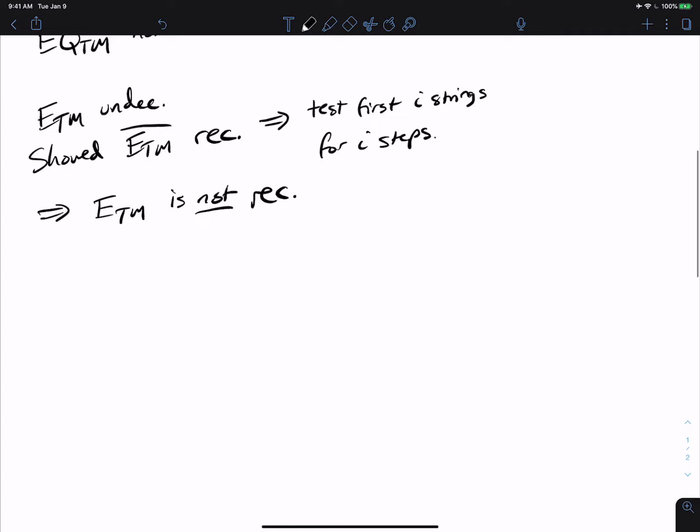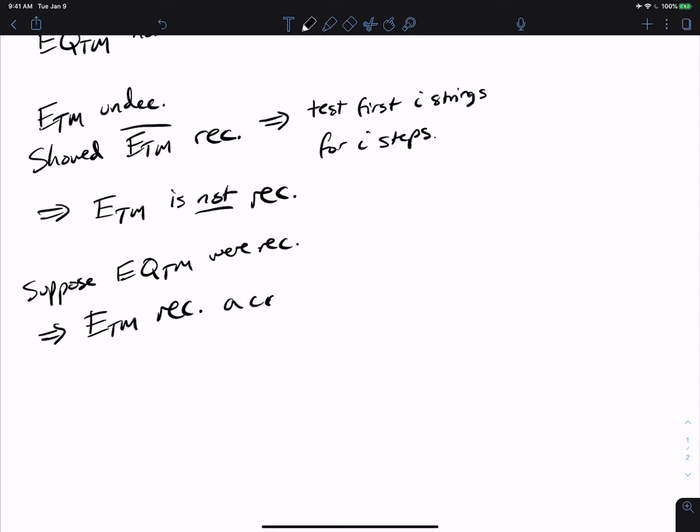Then suppose that EQTM were recognizable. Using the same technique as before, by making a Turing machine with empty language and then running the test of whether it's equal or not, that would give us an answer for ETM, at least for a recognizer. So that would imply that ETM is recognizable, but this is a contradiction.